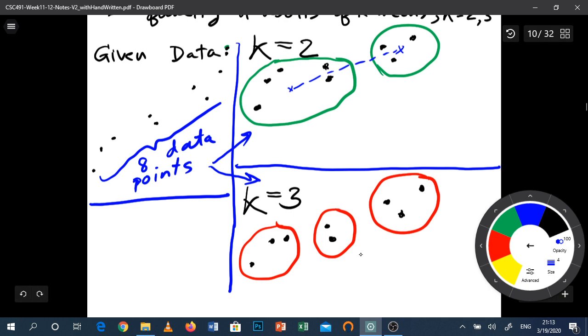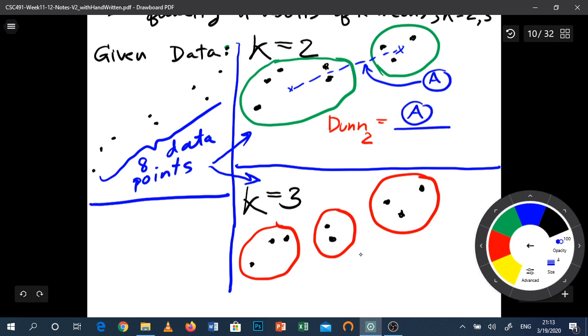So for the Dunn index, I use the suffix of 2 to represent k equal to 2. The top part is the minimum distance between any pair of centroids, but in this case we only have one pair to choose from. If I call this distance A, so the top part is A.